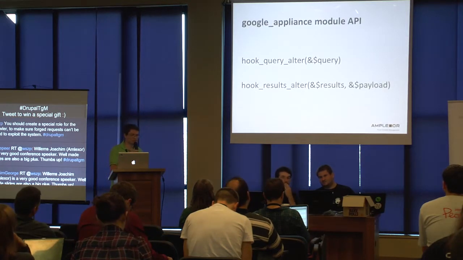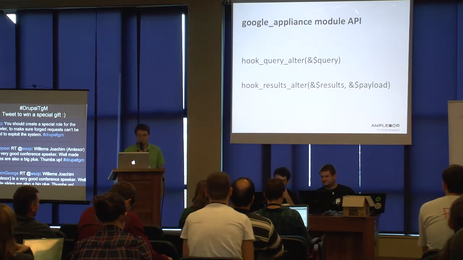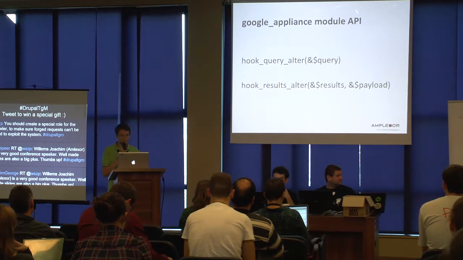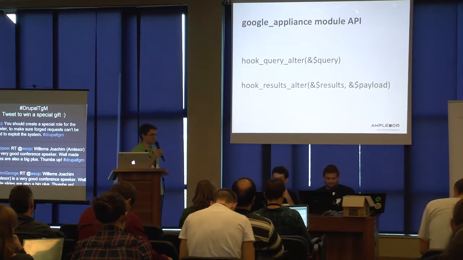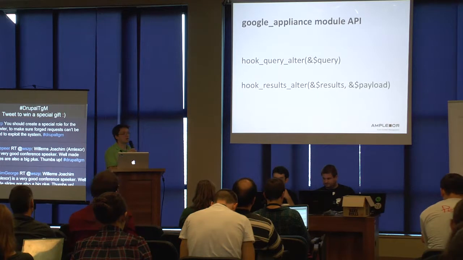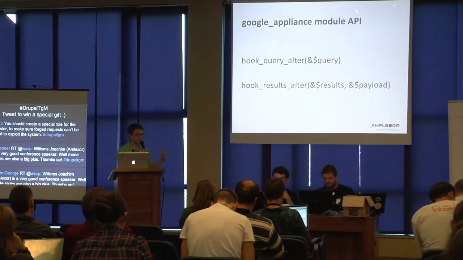Most important hooks offered by the Google Appliance module are, of course, the query alter. We have to alter those queries for specific requirements, and we are altering the results that the module already created. We still alter them to our specific needs to create our facets, for instance.